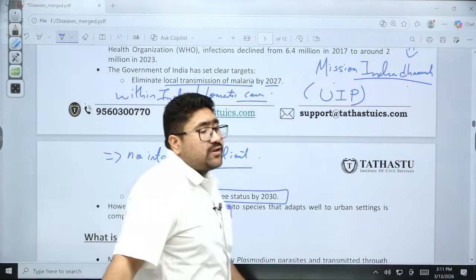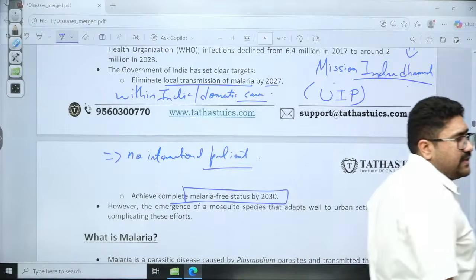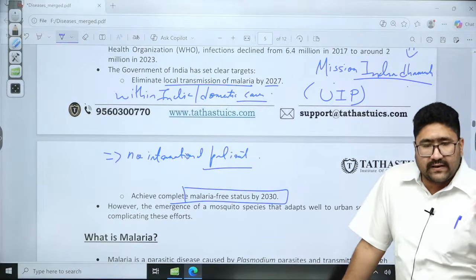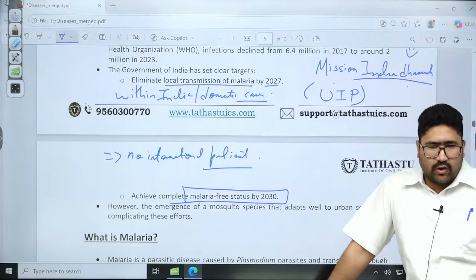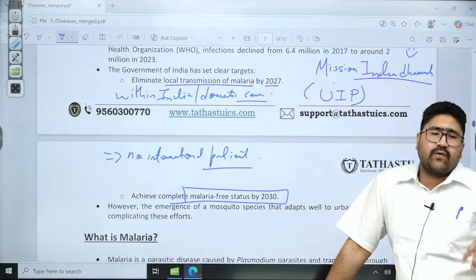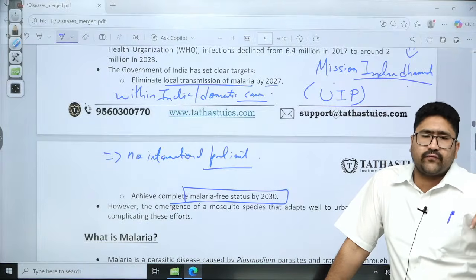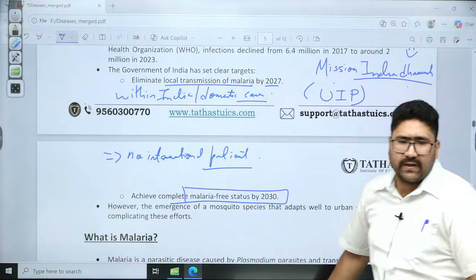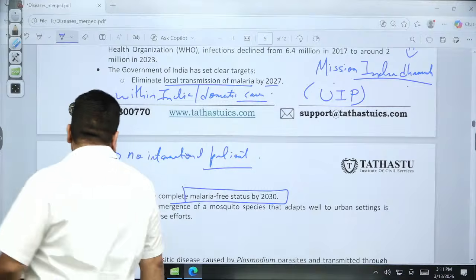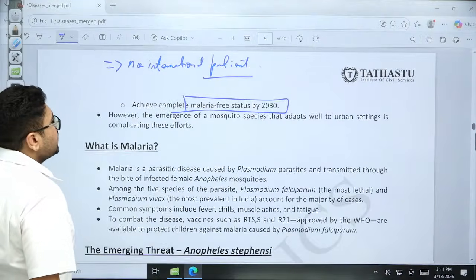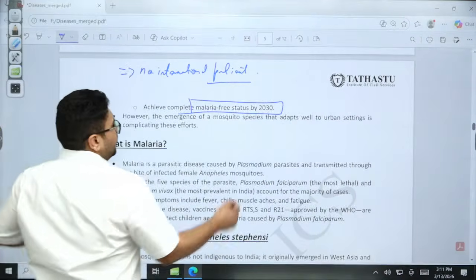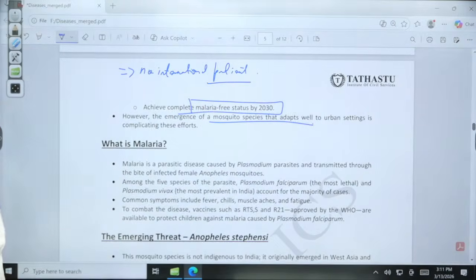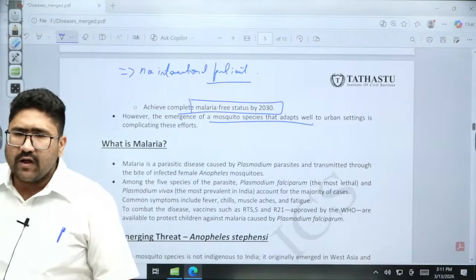The idea is not to stop taking in patients. The idea is that such patients should be quarantined and not allowed to mingle with society until the malarial disease has been cured. That is the idea, that henceforth no patient should be a cause of spreading. However, the emergence of mosquito species that adapt well to urban settings has made these things complicated.